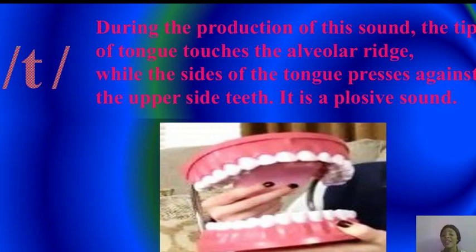Now, when you are articulating this T sound, you discover that the tip of your tongue actually touches that bump, which is the alveolar ridge, and then the side of your tongue presses against the upper side teeth.